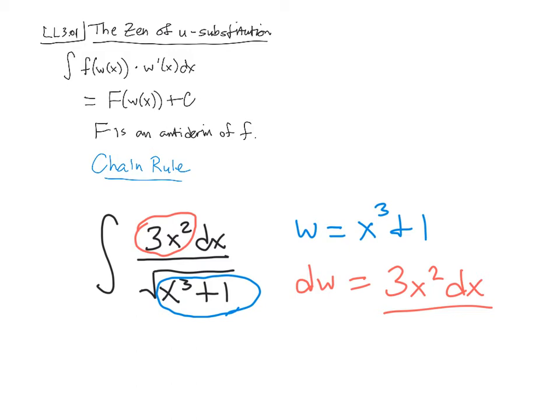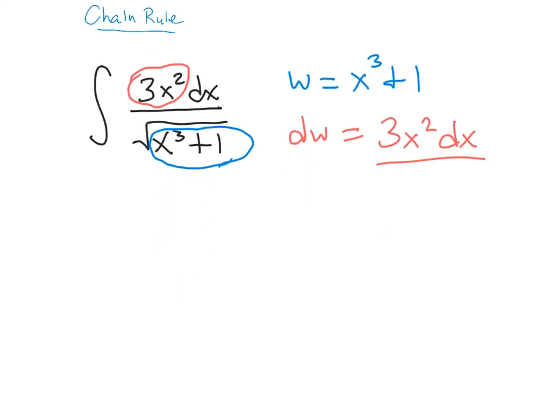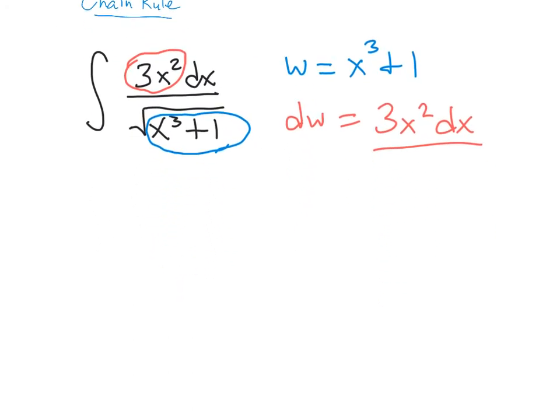And now I'm going to see if I can make the substitution and turn this entire integral here into an integral only in terms of w. Let's see if we can do it. So that's now going to be equal to the integral of dw over the square root of w.